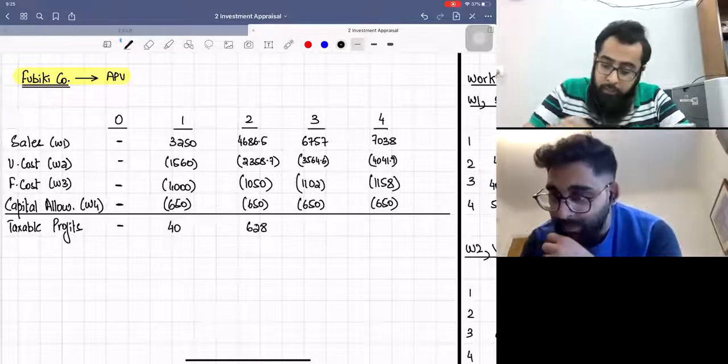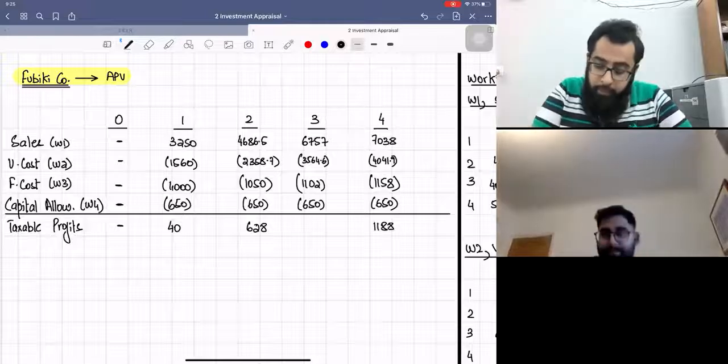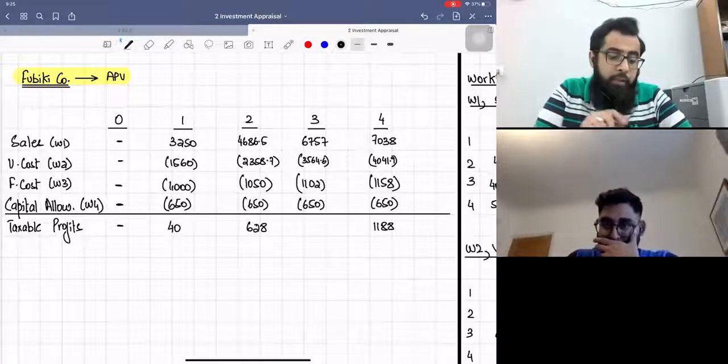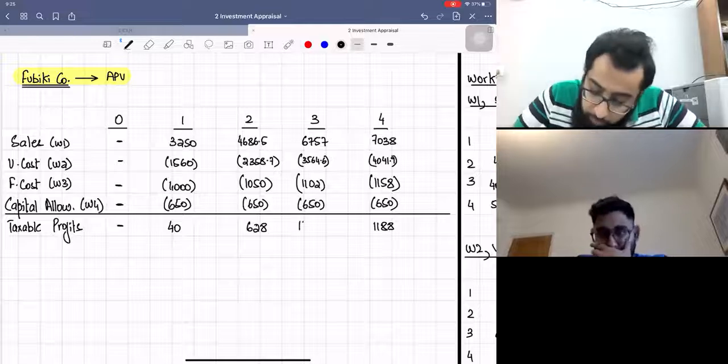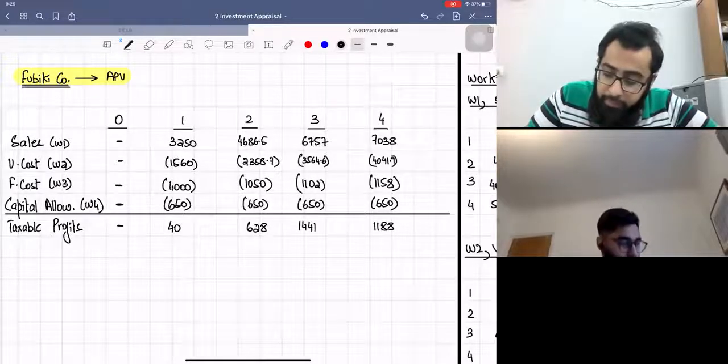Last one is 1188. 1188 minus 3564 minus 1102 minus 650. So it's 1441. Okay, so now these are my taxable profits.